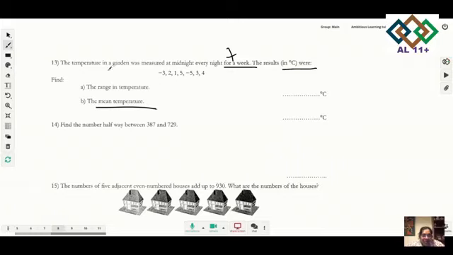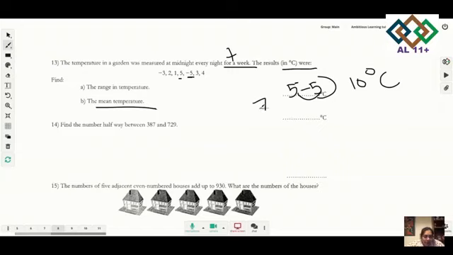So the answer for number 13 would be, the biggest number is 5 and the smallest is -5. So you'll do 5 minus -5, and the signs minus and minus become plus. So that is 10 degrees centigrade. Now the mean temperature you need to find.